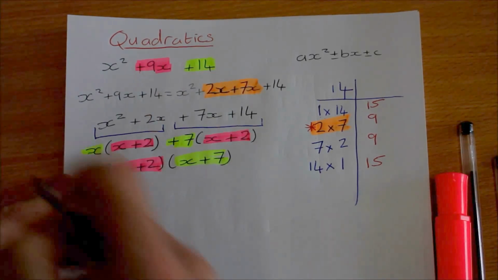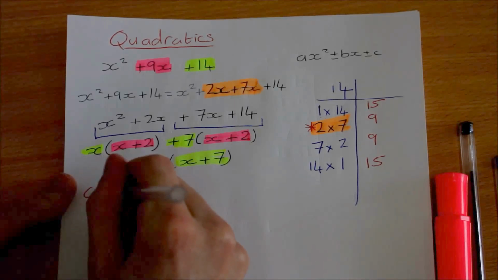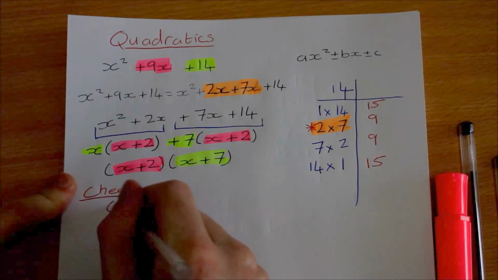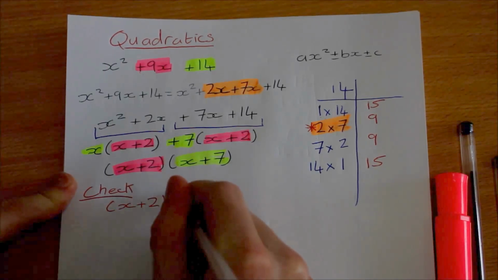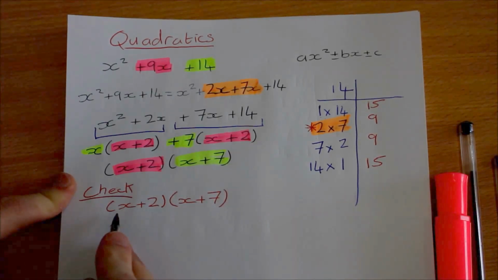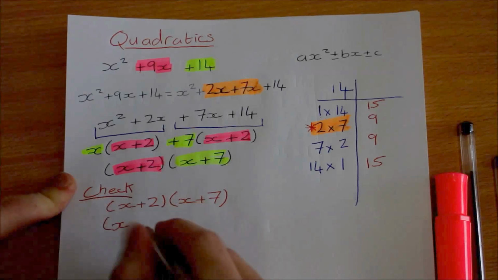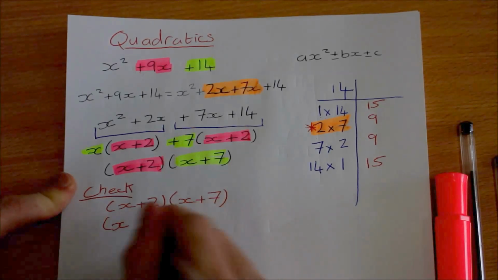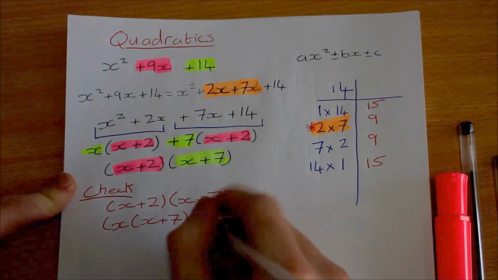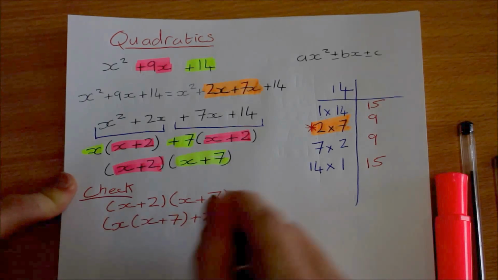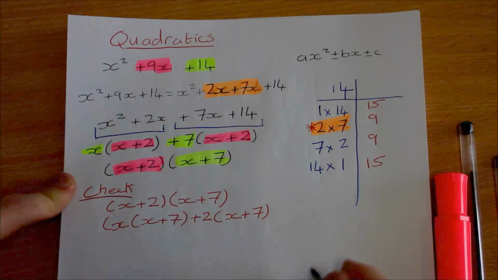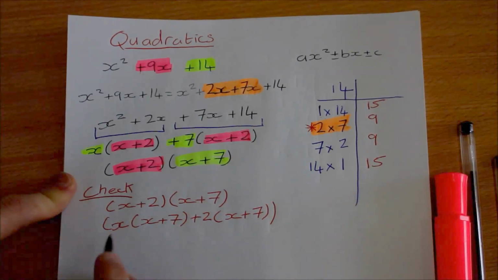So now we do the check. To do the check, we simply expand my brackets here. So let me rewrite them. To expand brackets, we write the first term, x, then we write x plus 7, the second bracket, plus 2, x plus 7 again, and we multiply them.